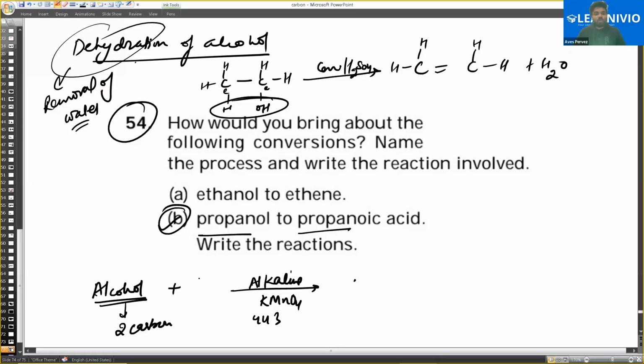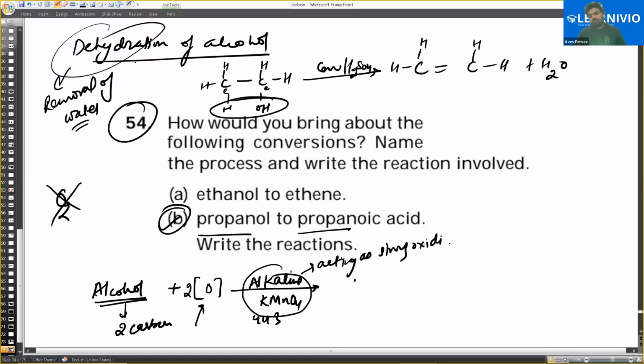And here I'm writing plus O. You can write it like this way if you want, it's your choice. Because this is not O2. It is nascent oxygen, which is in the atomic form, which we get from the oxidizing agent, indicating that KMnO4 is used as a strong oxidizing agent. It is not acting as a catalyst.